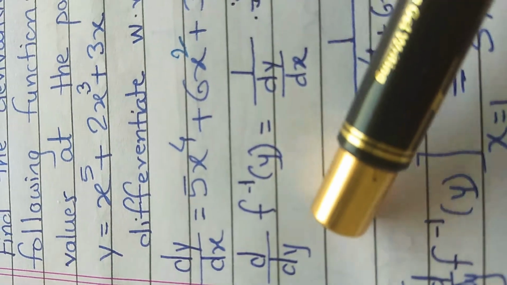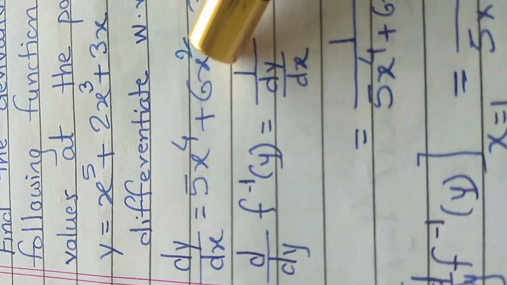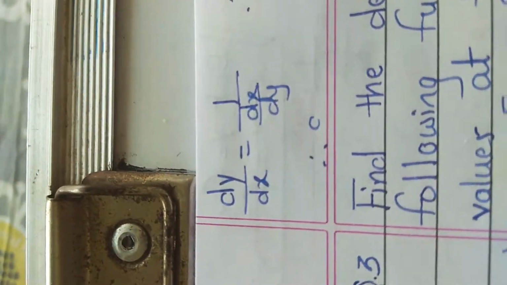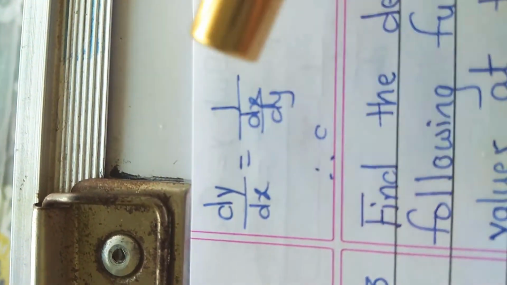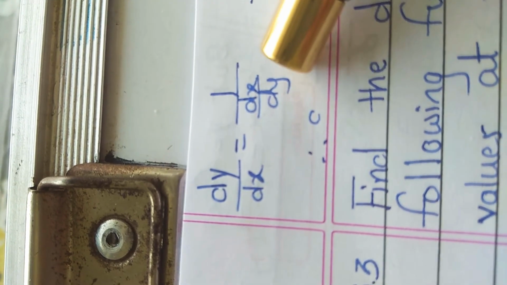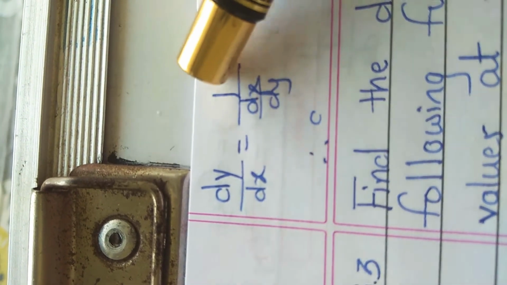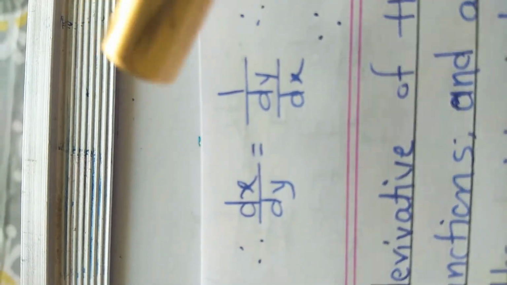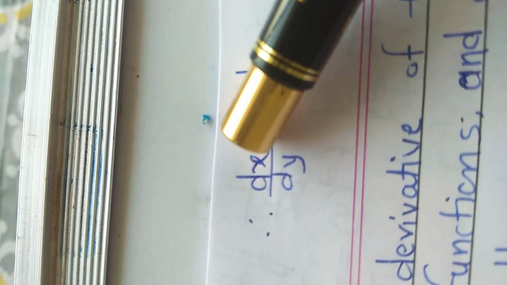Now, derivative of inverse function is always equal to 1 upon dy by dx. See here, dy by dx is always equal to 1 upon dx by dy. Therefore, we can write dx by dy is equal to 1 upon dy by dx. In place of x, we can write f inverse of y.